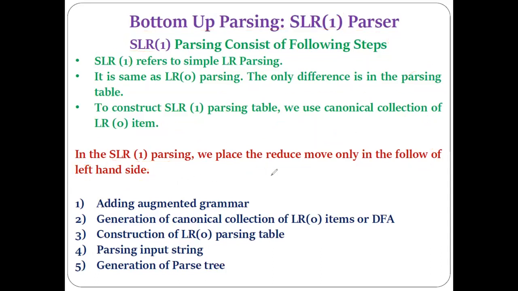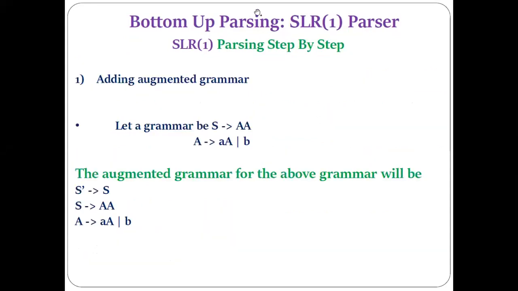The steps in constructing the SLR1 parser are the same as compared with LR0. First, we have to generate the augmented grammar. Then generate the canonical collection of LR0 items, then construct the parsing table and parse the input string. It is the same as LR0. So the first step, as I said, is to generate the augmented grammar from the given original grammar.